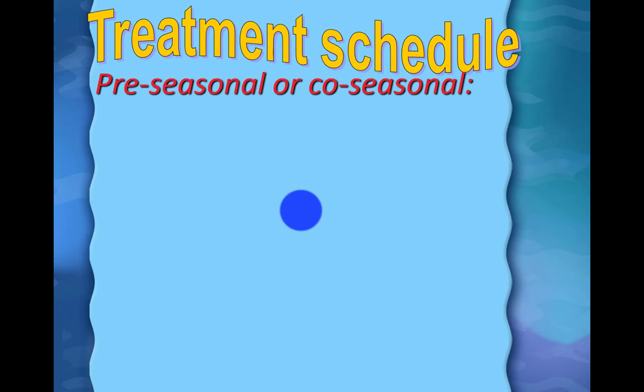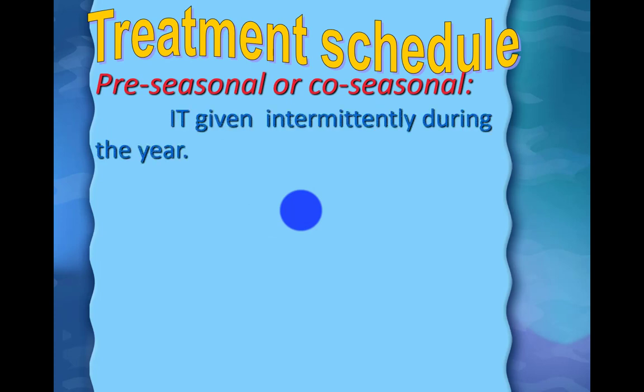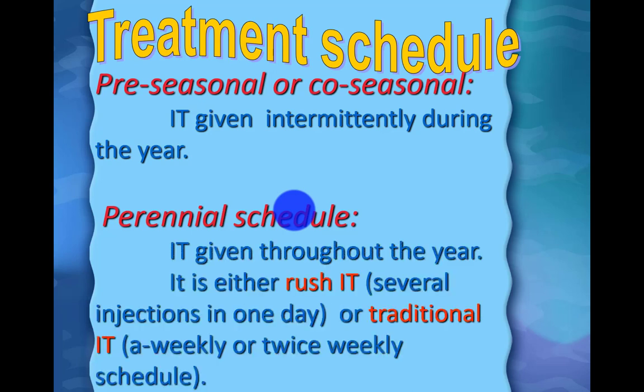Treatment schedule: pre-seasonal or co-seasonal. IT given intermittently during the year. Perennial schedule. Perennial IT given throughout the year. It's either rush IT, several injections in one day, or traditional, a weekly or twice weekly schedule.